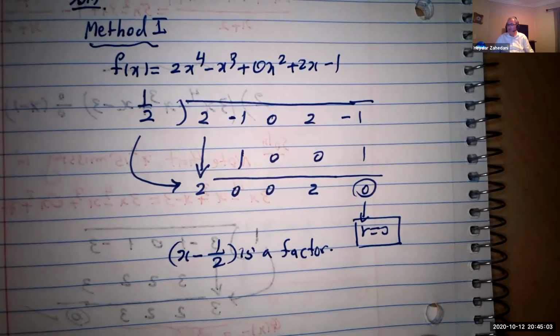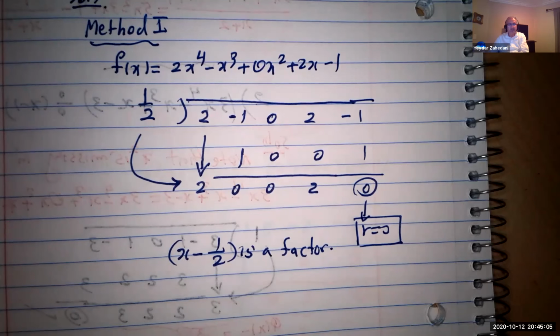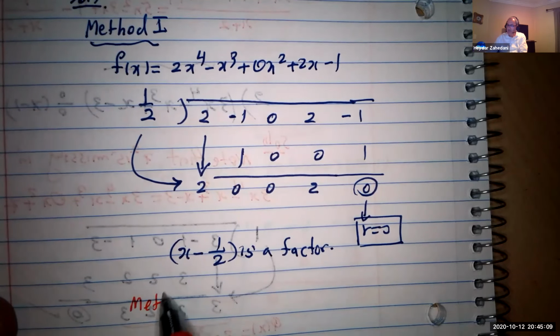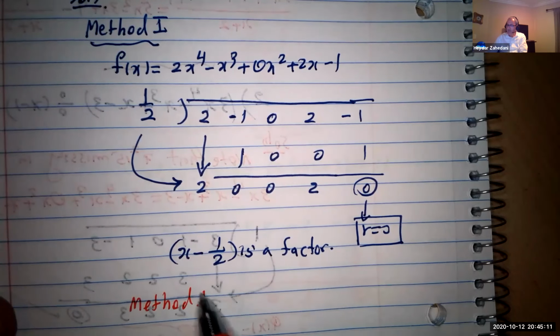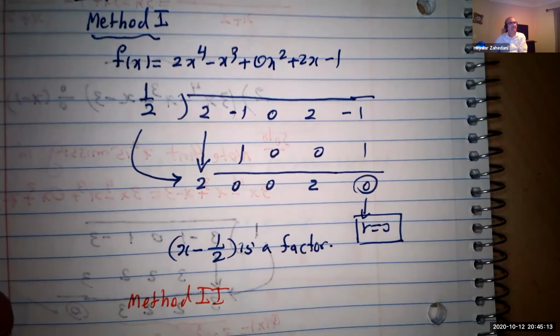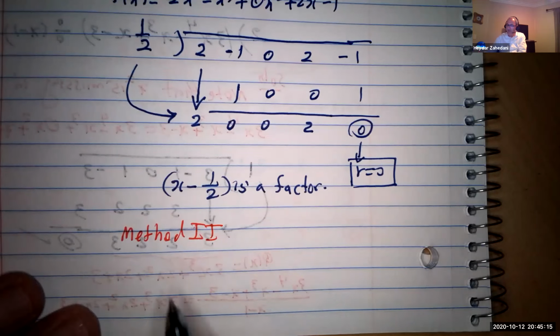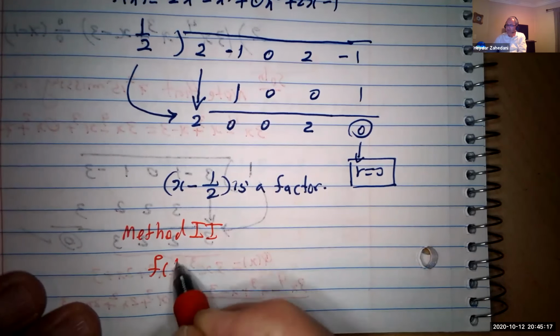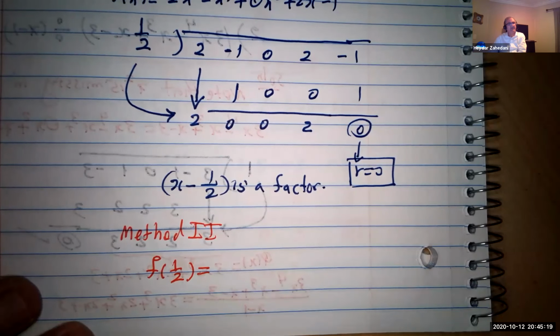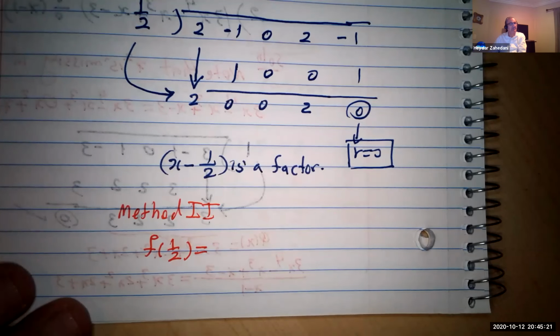The next method is substitution. Of course, the first one is easier, but method 2: substitute and find f of 1/2. If f of 1/2 is 0, then x minus 1/2 is a factor.